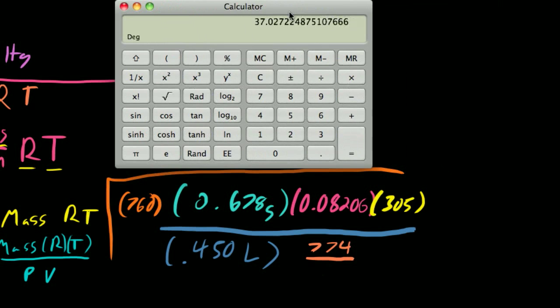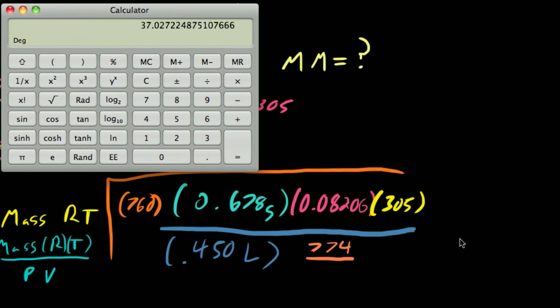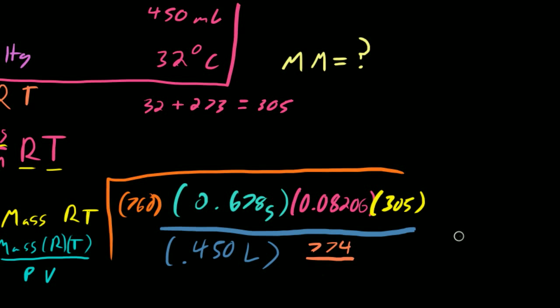And we get 37.027. So this is going to be our molar mass.